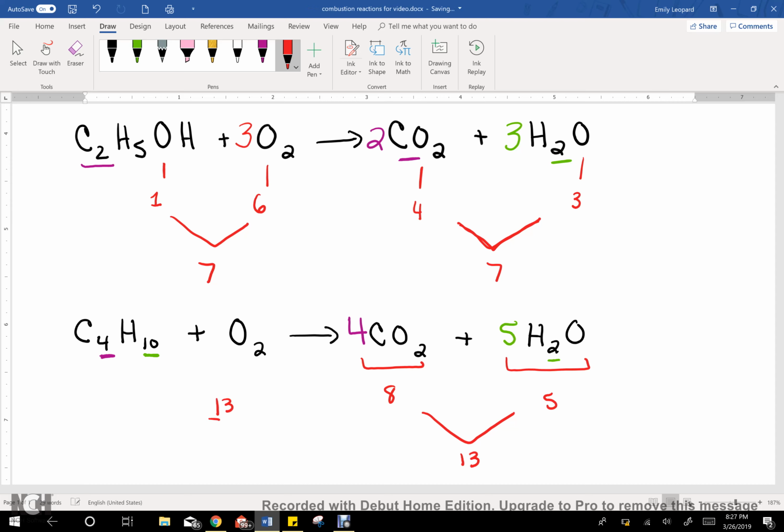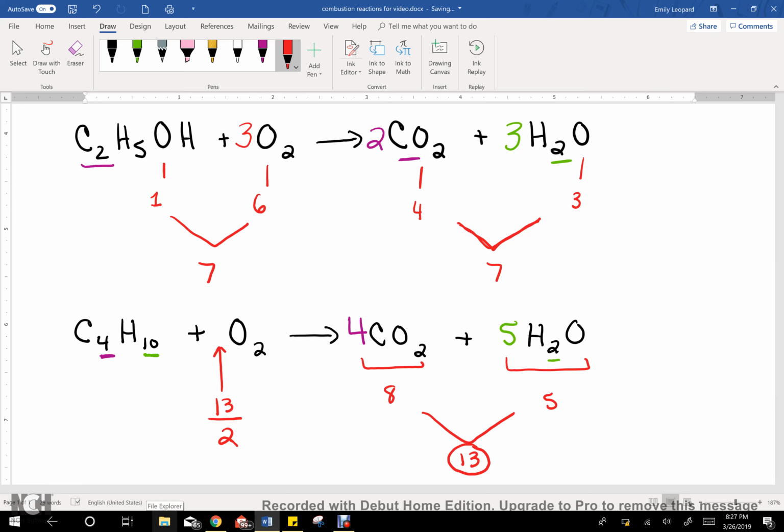If I take 13 and put it over 2, here's what happens when I plug this in as the coefficient. You take however many oxygens you need, and you write it as a fraction over 2.